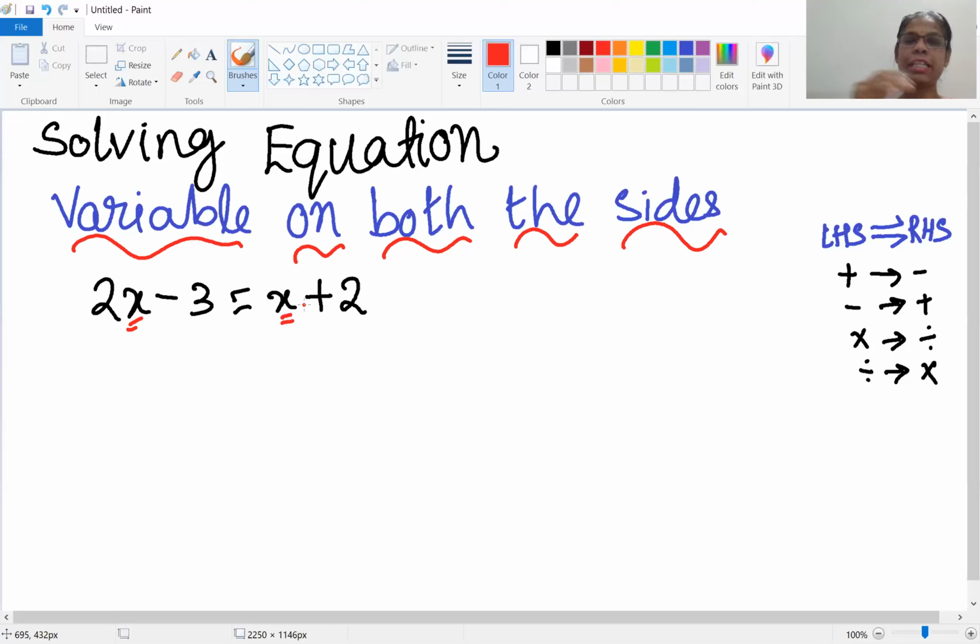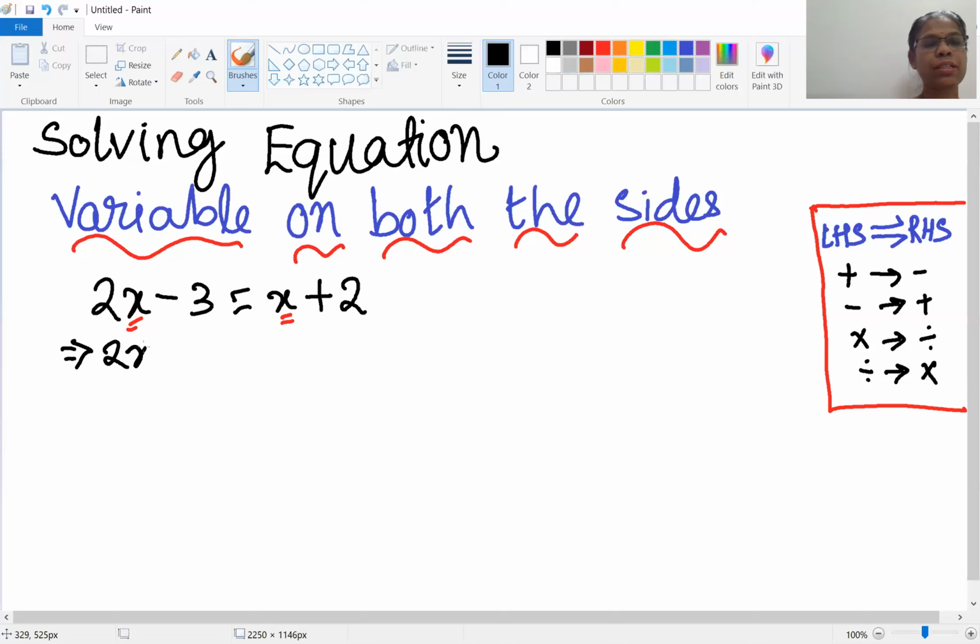The movement of the digits will use this formula which I have discussed in the last slide. I have 2x. When I am moving this x to left hand side, it becomes minus x, is equal to 2, and this fixed value minus 3 becomes plus 3, is all total 5.